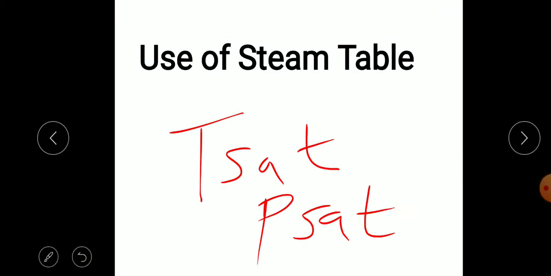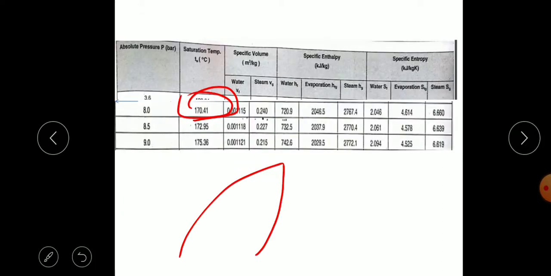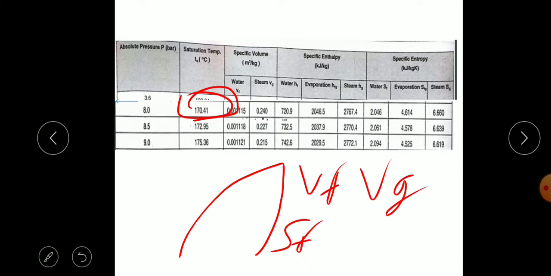So this is for the saturated water and steam. If 9 bar pressure is given, we can find all the properties. The properties we require are Vf, the specific volume of the liquid, Vg, the specific volume of the steam, Sf, the entropy of liquid, Sfg, the entropy of evaporation, and Sg, the total entropy of steam.